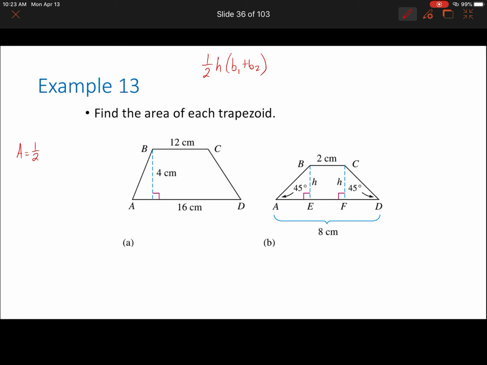So we know it's 1/2 times, in this case, the height, which is 4, times the sum of the bases. Well, 12 plus 16 is 28. And so then we'll take half of 4, this part is 2, times 28. And 2 times 28 is 56. And it is centimeters squared.